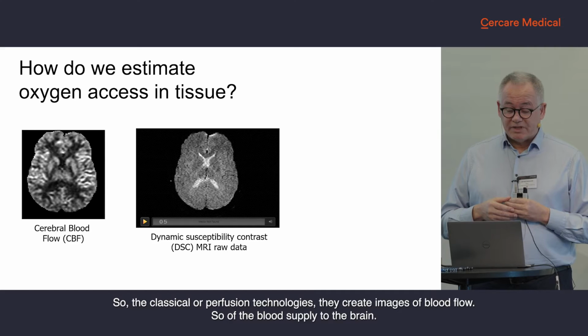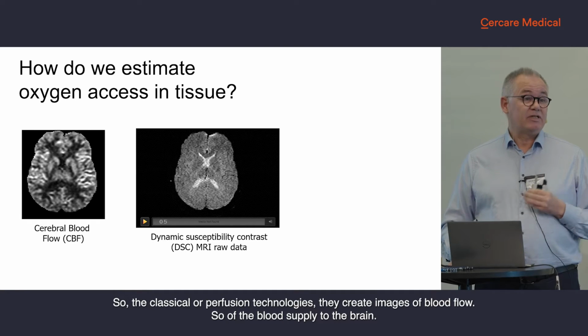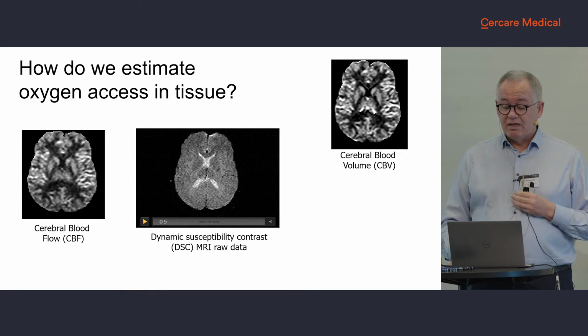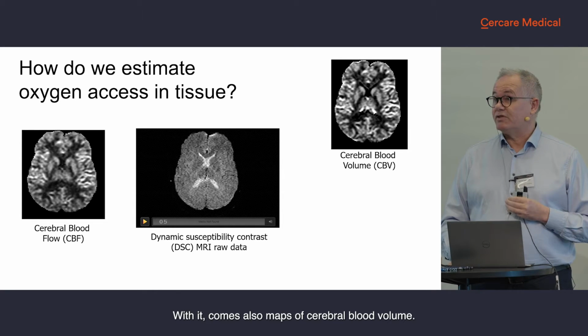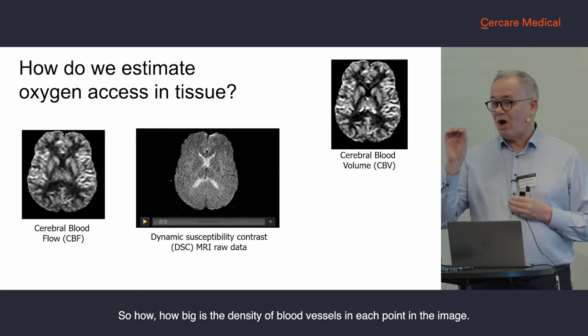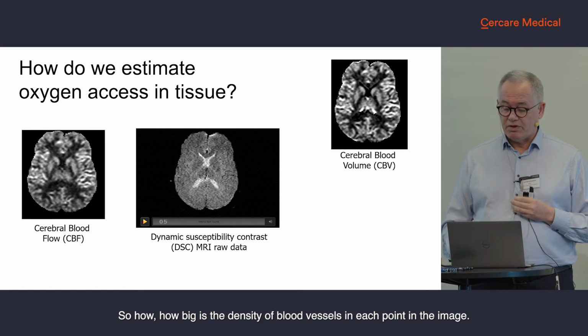So the classical perfusion technologies create images of blood flow, so of the blood supply to the brain. With it also come maps of cerebral blood volume, so how big is the density of blood vessels in each point in the image.